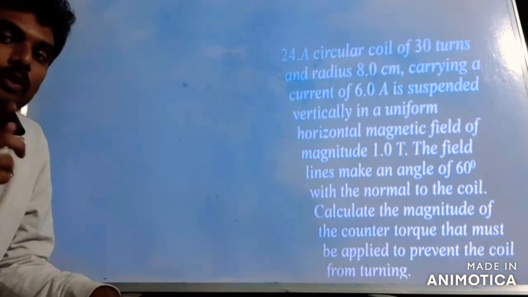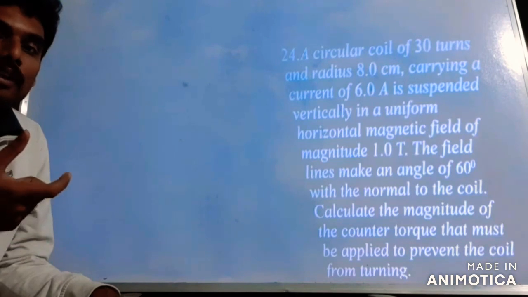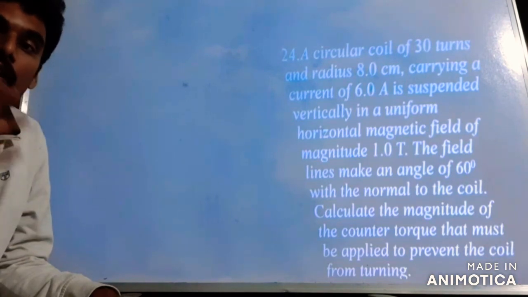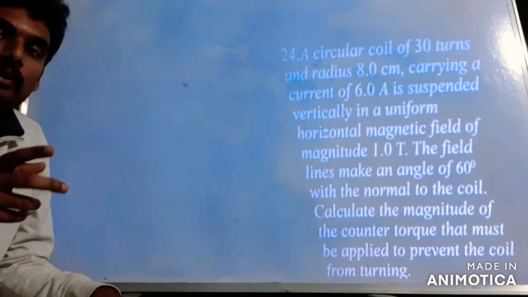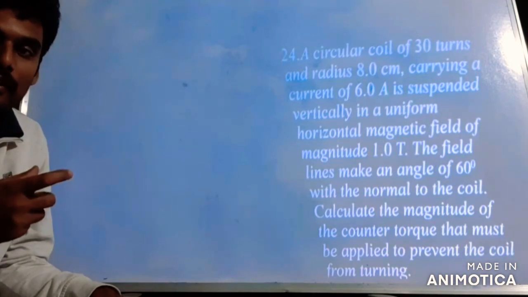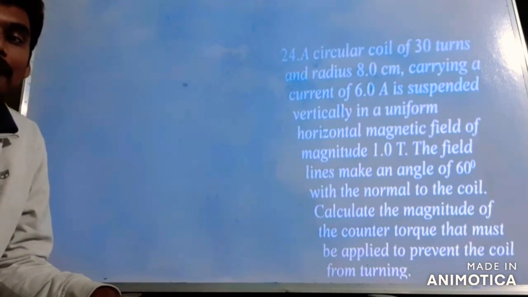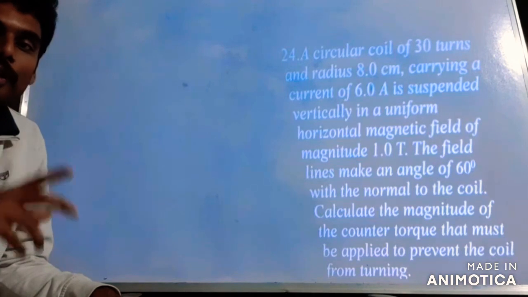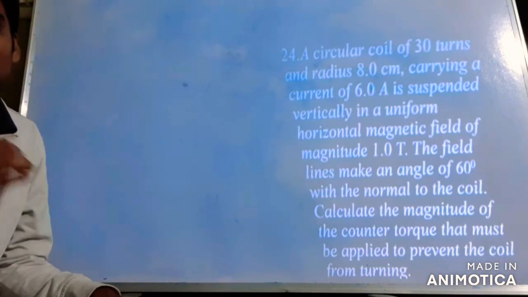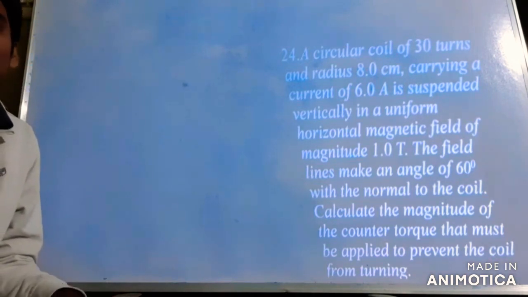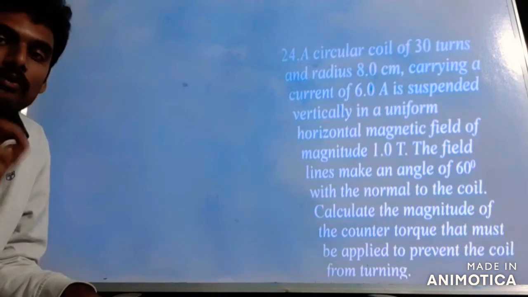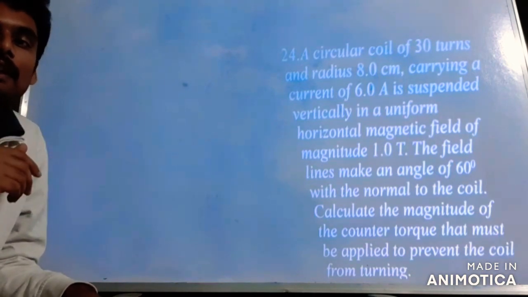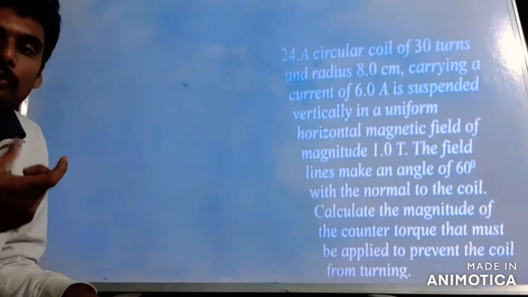And in order to avoid this rotation, we have to apply counter torque. So if the magnitude of counter torque that we apply is equal to the torque produced due to the magnetic field, then we can avoid the turning effect, which means we need to apply the same amount of torque produced by the external magnetic field but in the opposite direction.